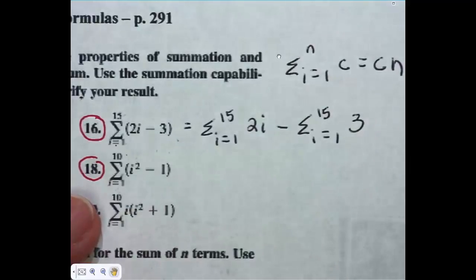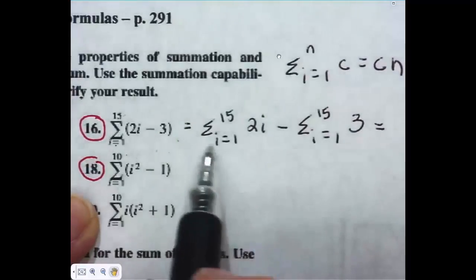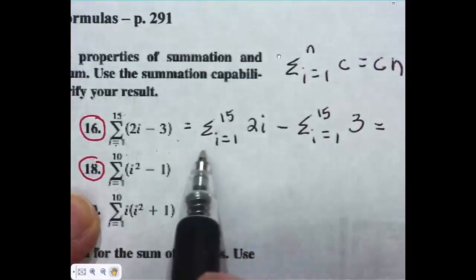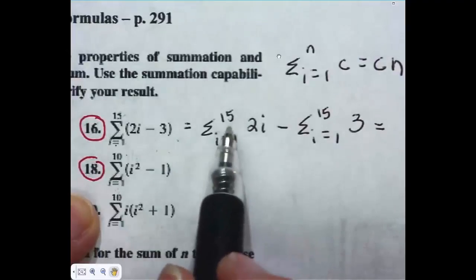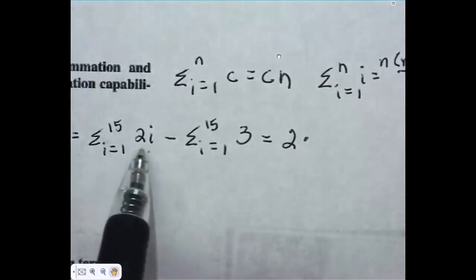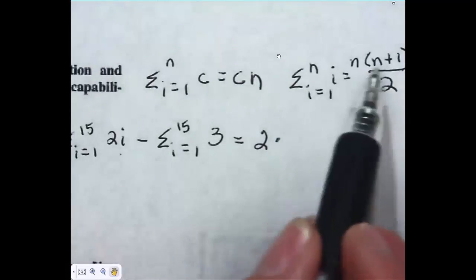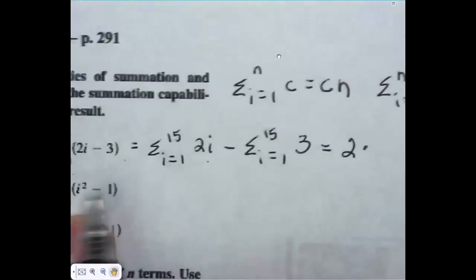All right, according to Gauss's formula, the sum from i equals 1 to 15 of 2 times i is 2 times whatever the summation formula is. The summation formula for i, the sum of a bunch of i's, you multiply n times n plus 1. In this case, what's n? 15.